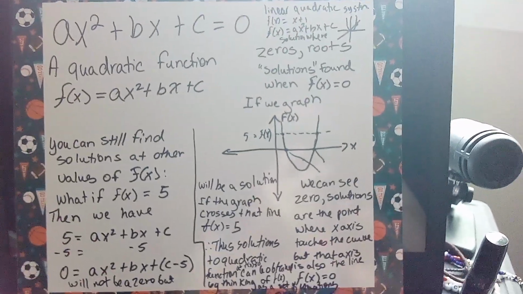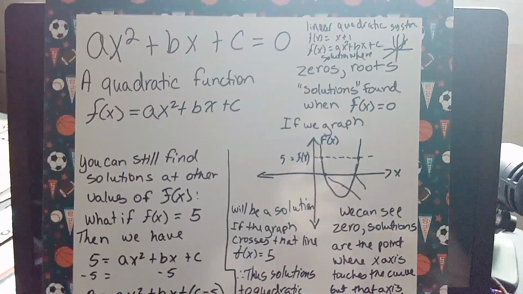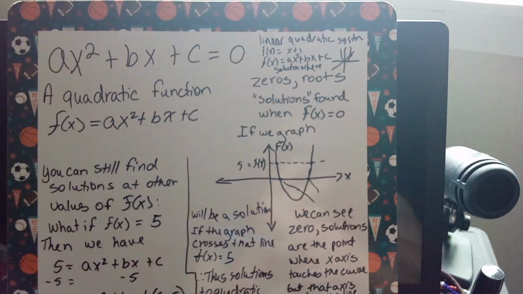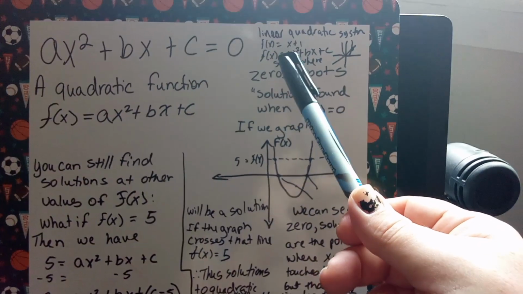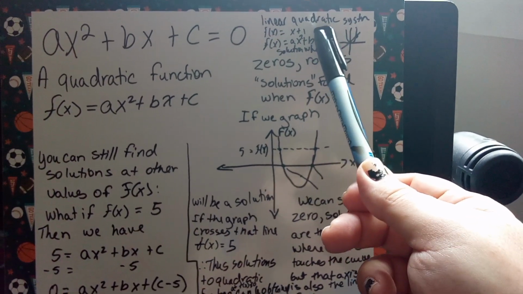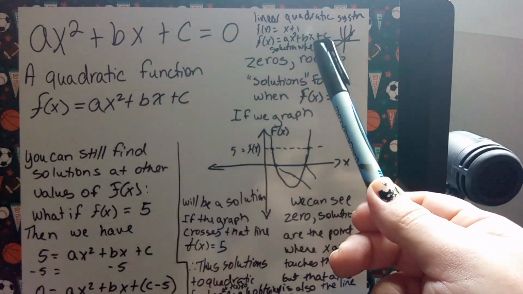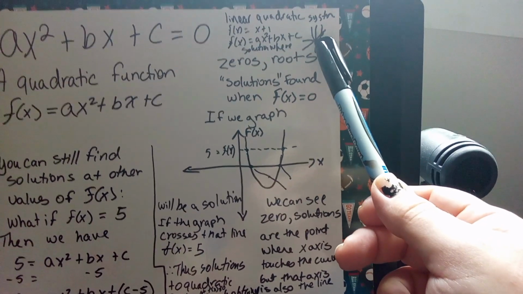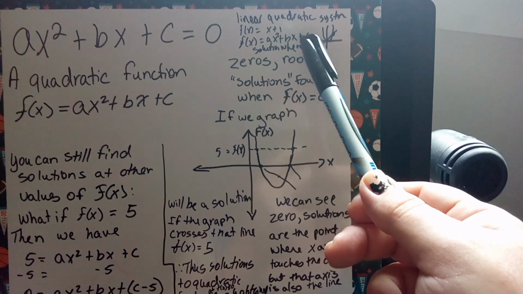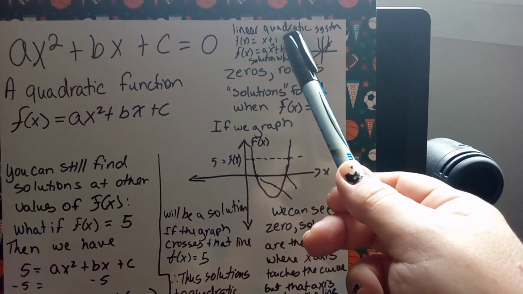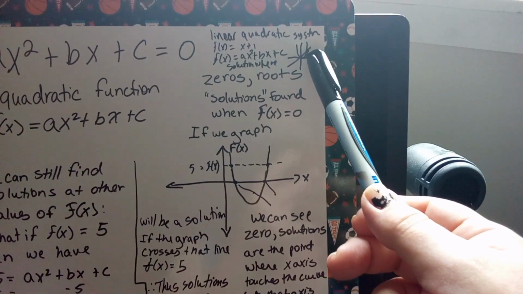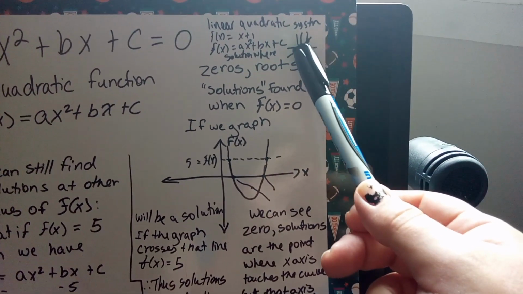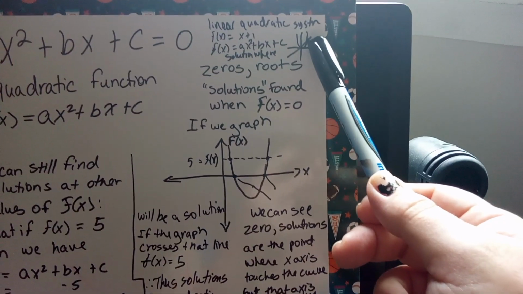But something has struck me since I began teaching this. When we get a linear-quadratic system, where we have a linear function and a quadratic function, and we solve it by graphing, we notice that the solution, if any, is the two points, or the one point, that touch the graph.